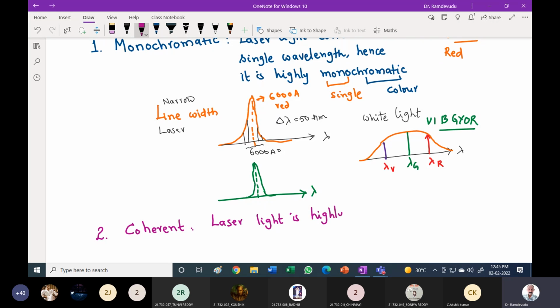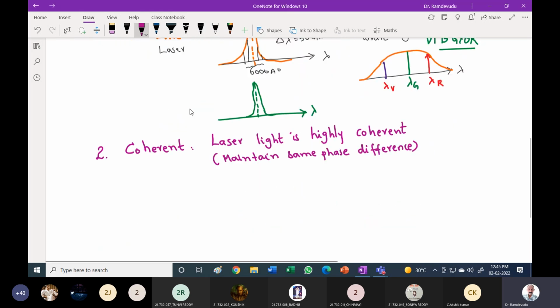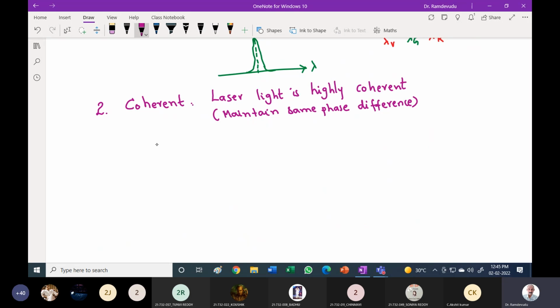Highly coherent means that they maintain the same phase difference. If I take a laser light going like this, then the next wave is also the same.